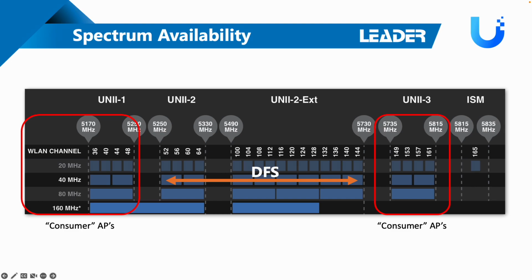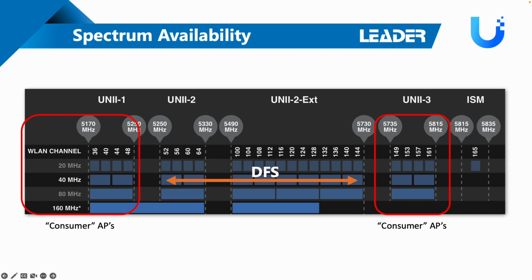So one of the things you'll note is that a lot of the consumer access points will not make use of DFS channels. So the channels in red here are non-DFS channels. And generally speaking, when you buy a consumer brand, you'll see that the channels available on that equipment is only this range and this range. It's really only in enterprise equipment such as Ubiquiti where we see the availability of this.